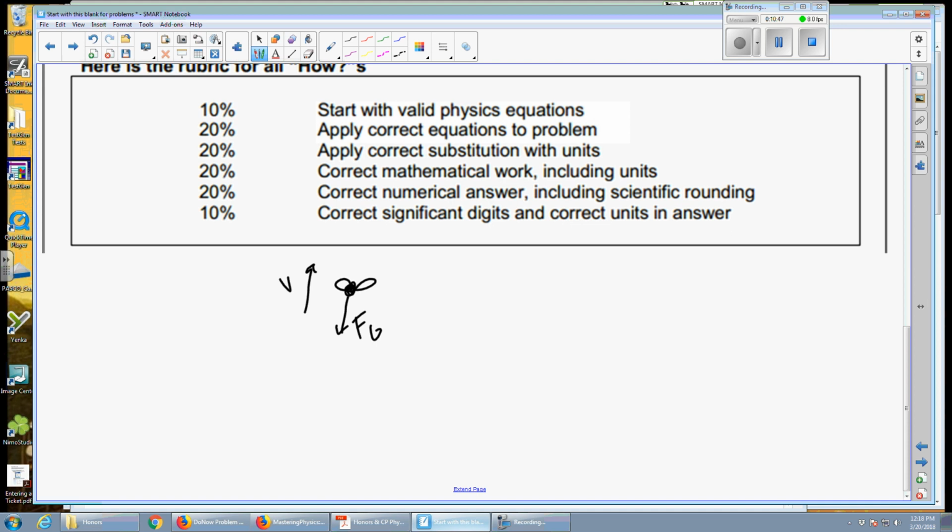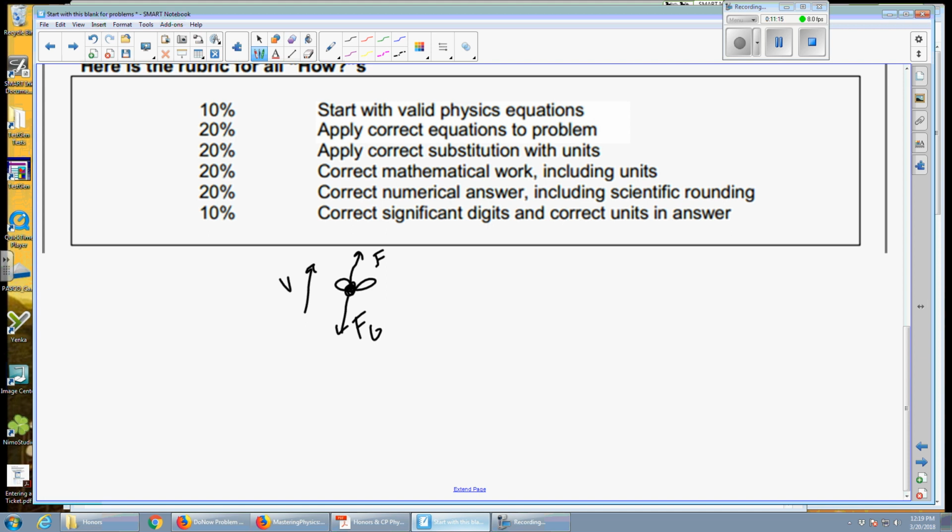At a constant rate. So technically, there's also going to be a force on the fly in that direction, so those two balance out. But the work that I'm doing is against gravity. It's going into giving the fly gravitational potential energy.